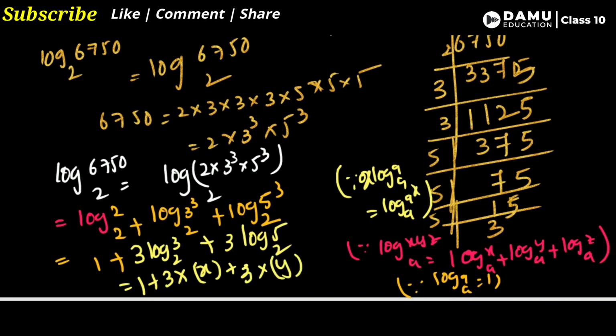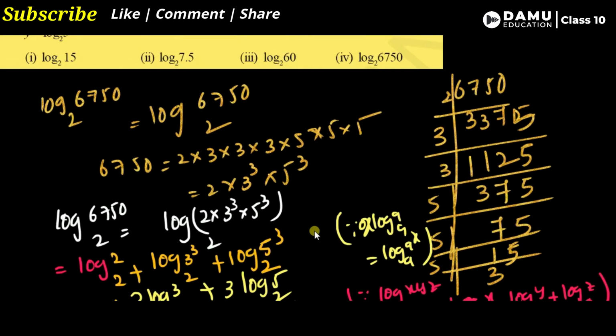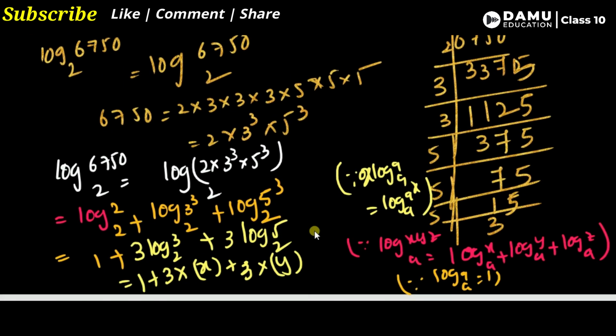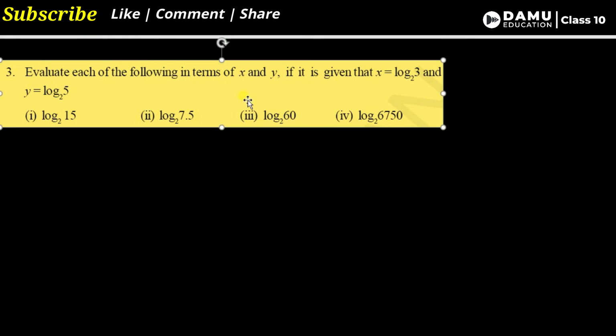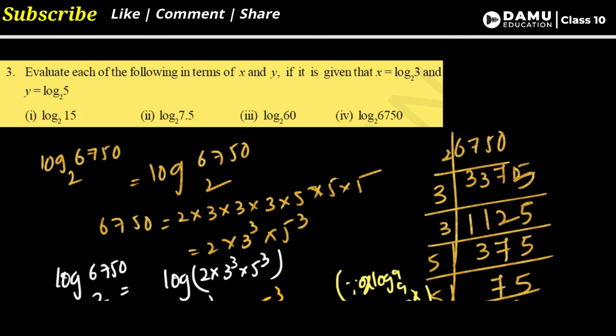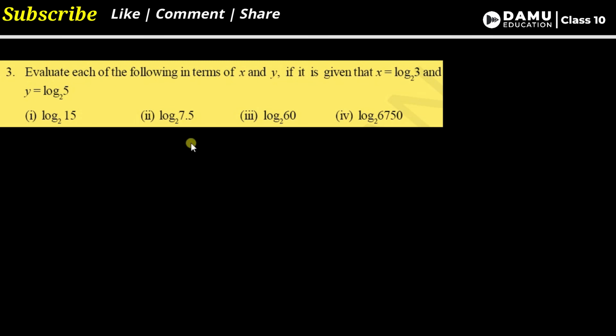So finally, the statement will be 3x plus 3y plus 1. So let's move on to this. Log 6750 base 2 will be equal to 1 plus 3x plus 3y.